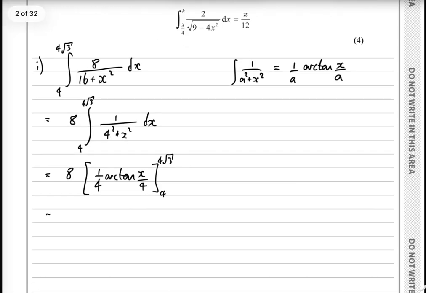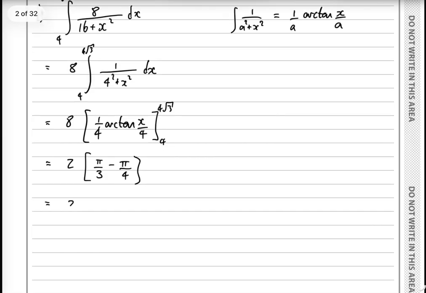So that is 2 times arctan of 4 root 3 over 4, which is arctan of root 3, and calculator tells me that's pi by 3, minus arctan of 4 over 4, which is arctan 1, that's pi by 4, which is pi by 12, and gives us an answer of pi by 6.